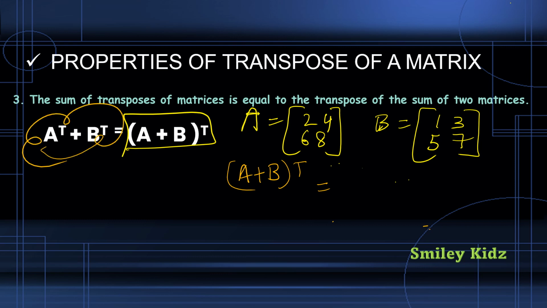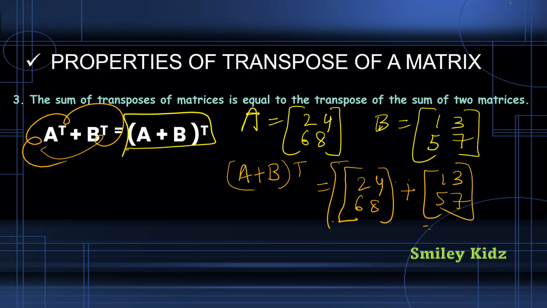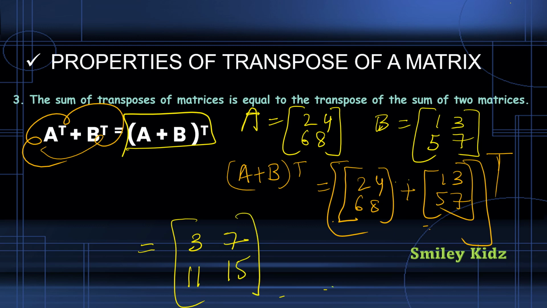So 2, 4, 6, 8 plus 1, 3, 5, 7 whole T. You're going to write it in this manner. This is T. So firstly add it. You'll have 3, 7, 11 and here you'll have 15.